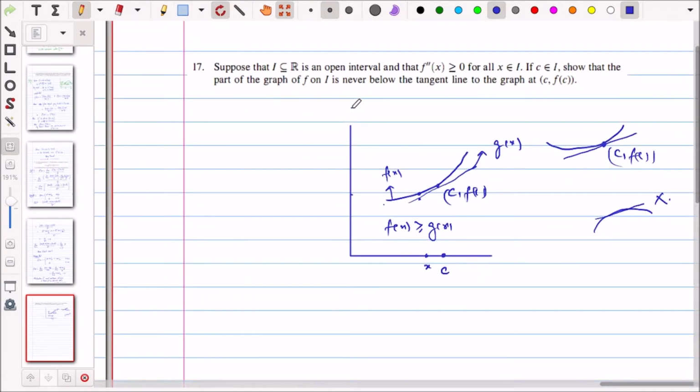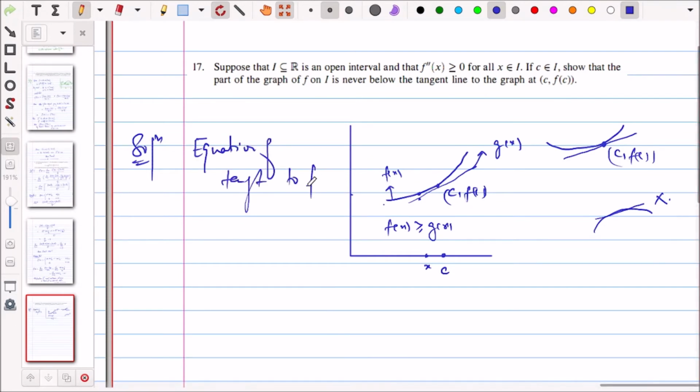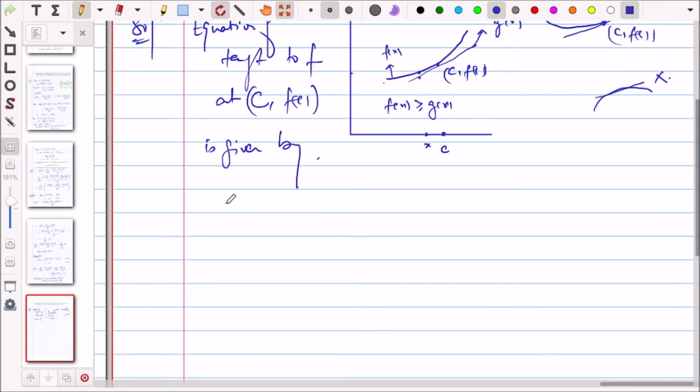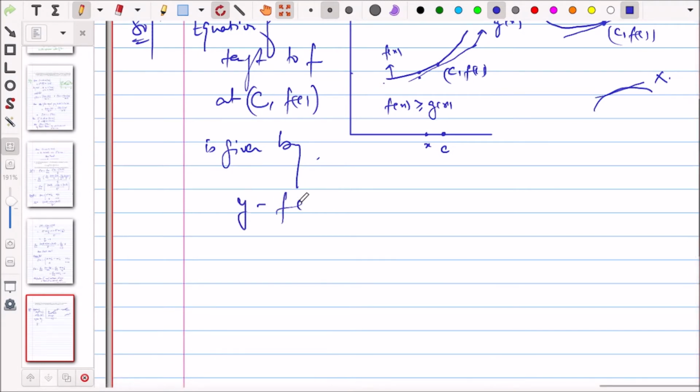So the equation of the tangent to f at (c, f(c)) is given by, we will use the slope point form. So (c, f(c)) is the point and the slope is f'(c). So by slope point form, (y minus f(c)) upon (x minus c) is equal to f'(c).